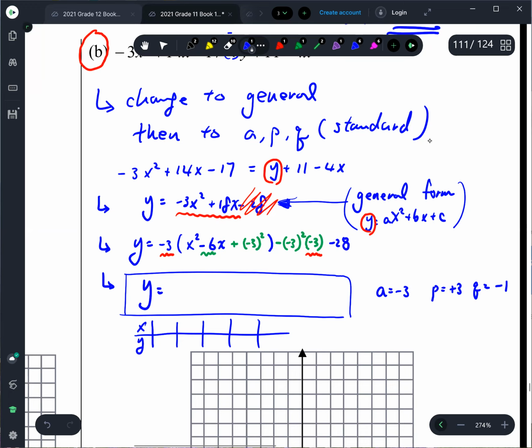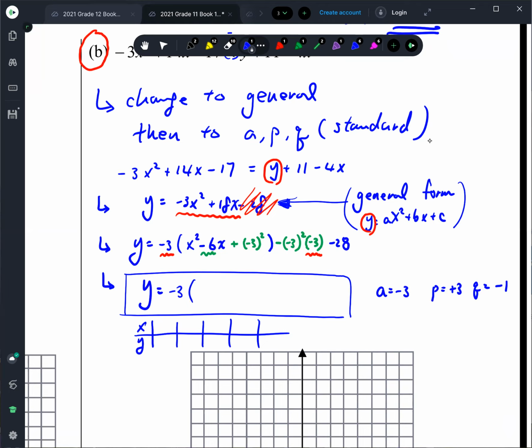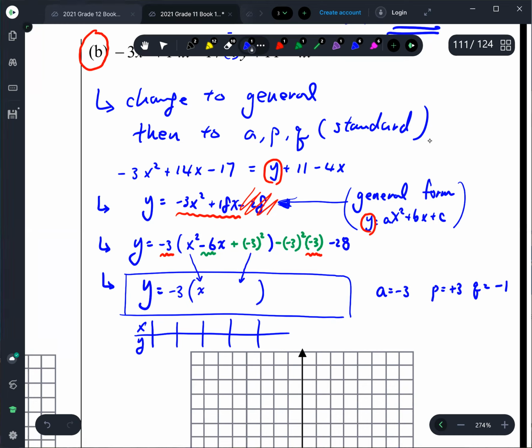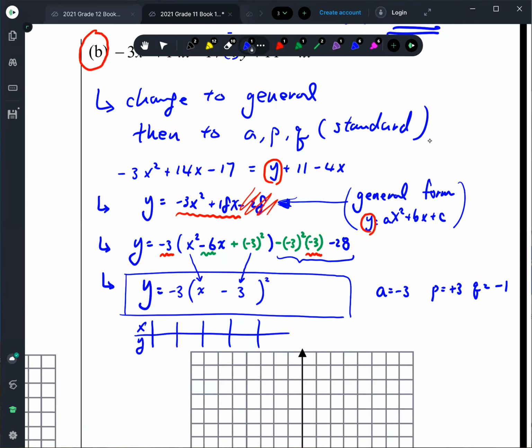So -3 at the front. Now you look at the bracket, right? You grab the first one. First one is x, so you write x. The last one is -3, so you write -3. Put a square. Now anything outside, you have to follow the order of operations. We've done this so many times, right? This is a very common mistake that could happen.